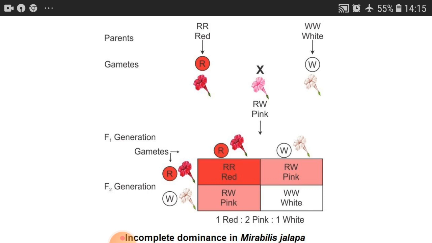This is due to the fact that the dominant character or gene is not in a position to completely suppress the recessive one, with the result that the heterozygous has a different phenotype, which is different from the homozygotes of either of the alleles. Right? This is an exception to Mendel's principle of dominance.